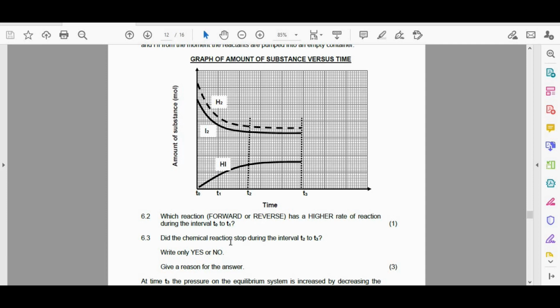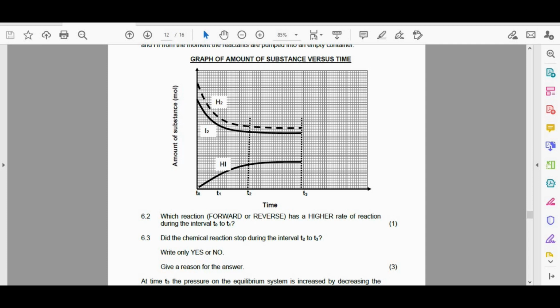6.3, did the chemical reaction stop during the interval T2 to T3? Write only yes or no, or give a reason for your answer. So was this yes or no, boys and girls? Anybody care to explain? Can you repeat the question?